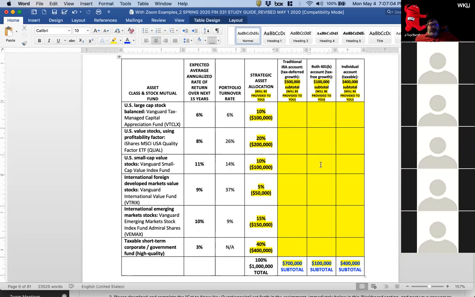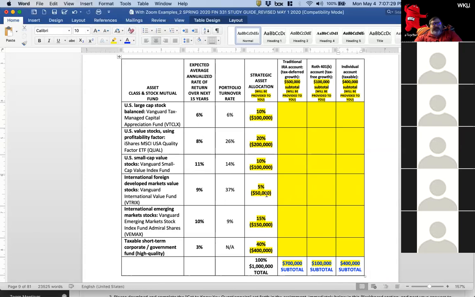The first step is we want to put the foreign stocks in the taxable account so we can get those foreign tax credits. Often those tax credits are equal to a rate of return of maybe 0.5%. We don't want to lose that tax benefit. If we put those into a traditional IRA or a 401k account or a Roth account, we're going to lose those tax credits.